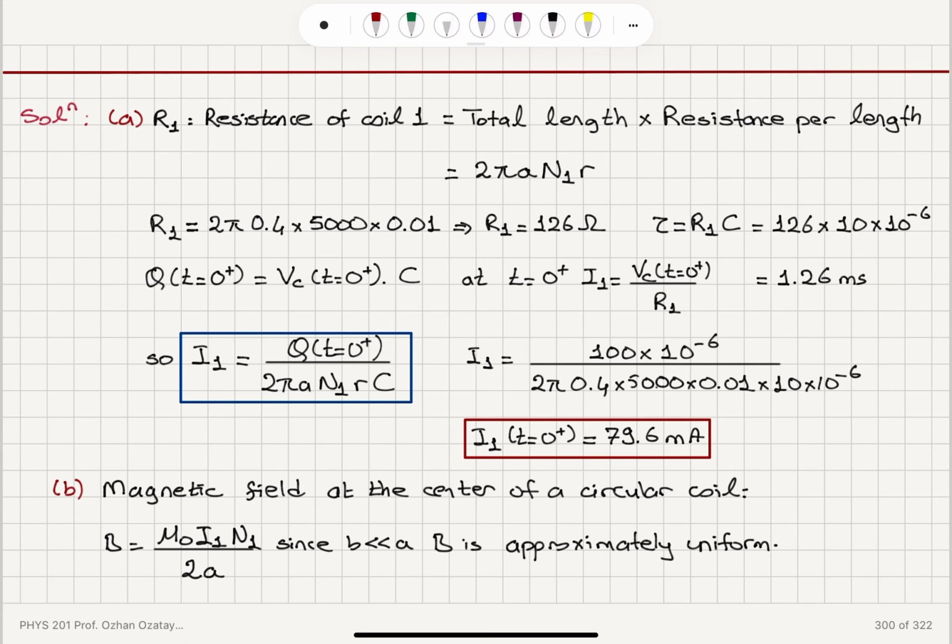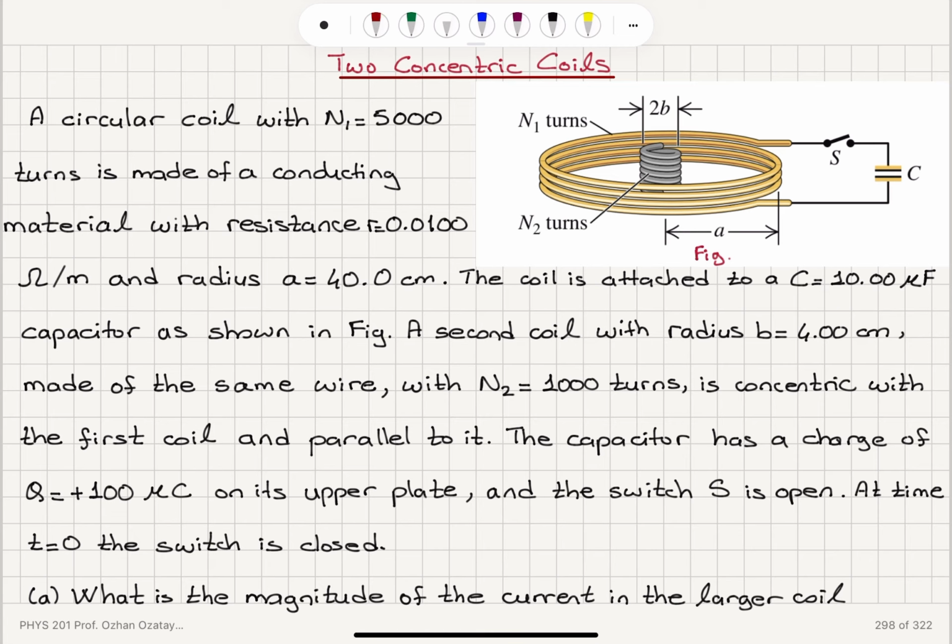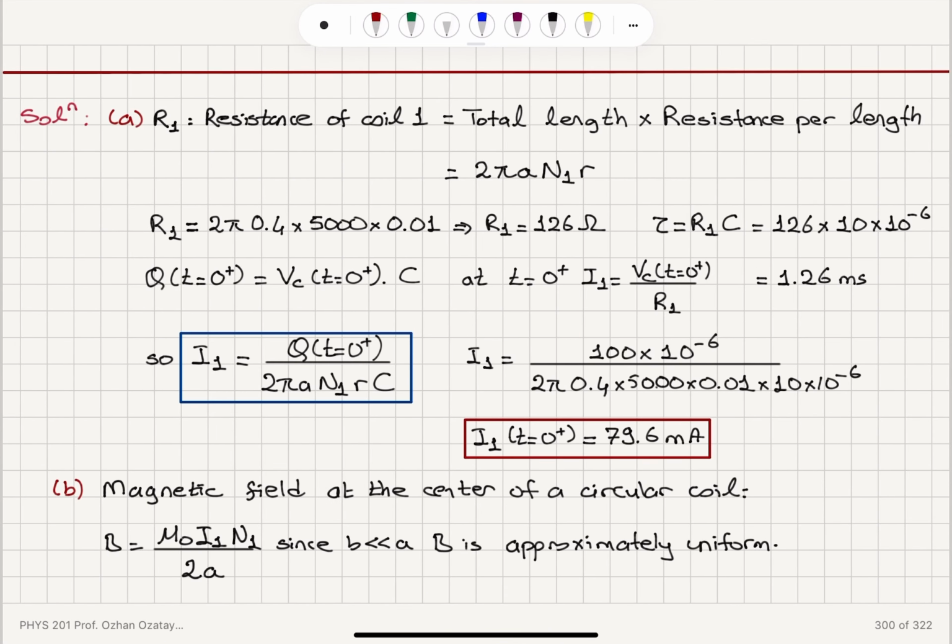And the voltage across the capacitor is the voltage that appears across this coil 1 when the switch is closed. So that voltage divided by the total resistance will give us the current. So the charge at t is equal to 0 plus divided by 2 pi a and 1 r, which is the resistance, multiplied by capacitance, gives us the current.